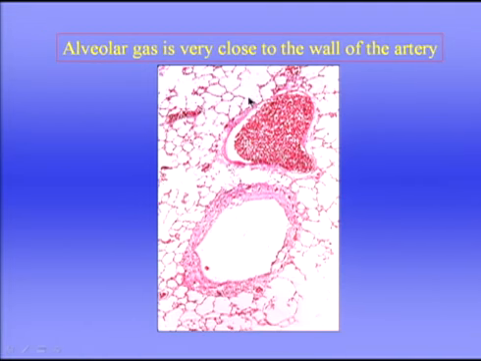So it's not difficult for the wall to be exposed by diffusion to the low PO2 in the alveolar gas. And incidentally, we know it's the alveolar gas that's most important for this phenomenon, because if we reduce the PO2 in the blood, then the vasoconstriction is much less.